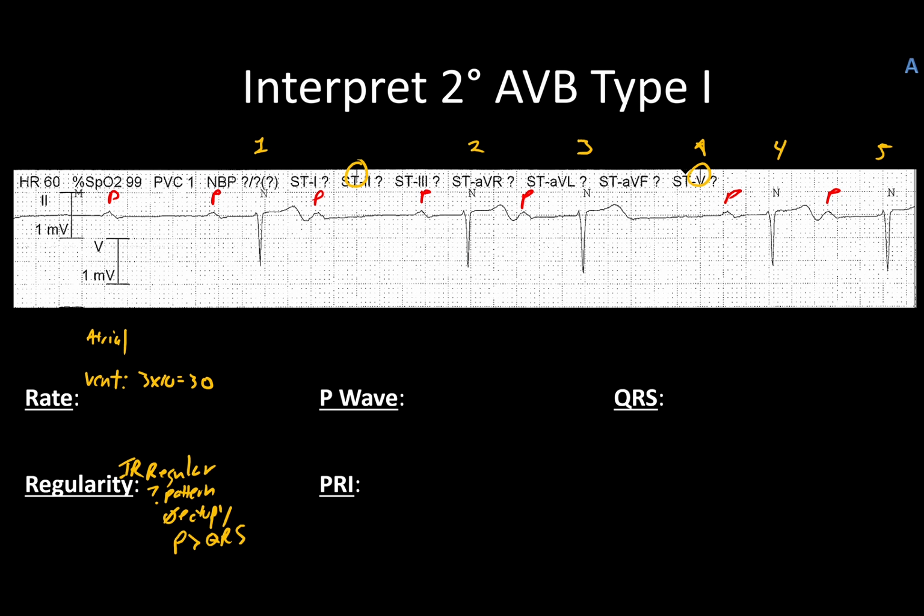All right. And since we have those identified, let's go ahead and figure out a rate for those, or how regular they are. And we'll just do dashes across here.